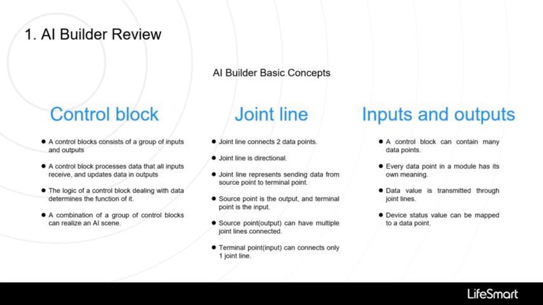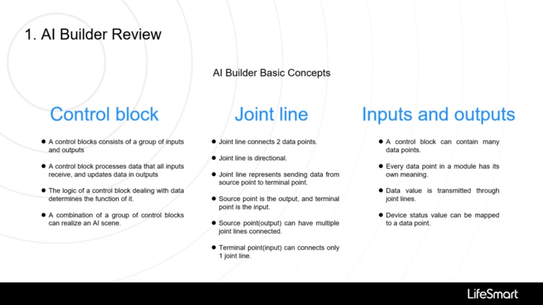With a combination of multiple control blocks, we can realize a lot of very complex AI scenes. And joint lines. The joint line connects 2 data points. You will always see some green lines with arrows, which indicate the direction.